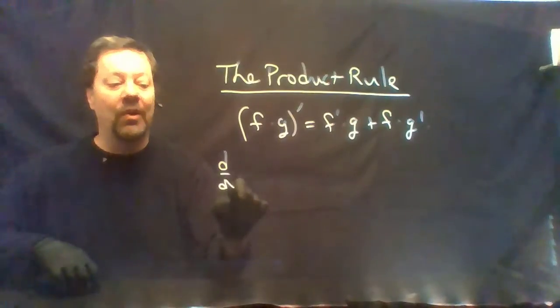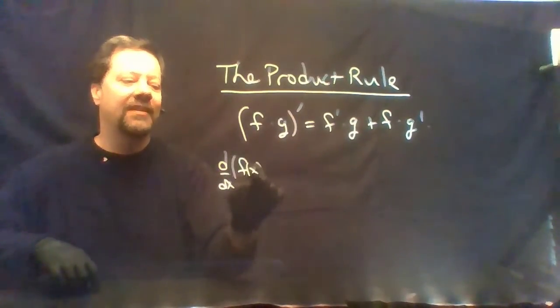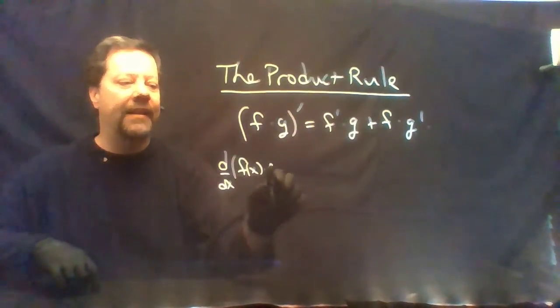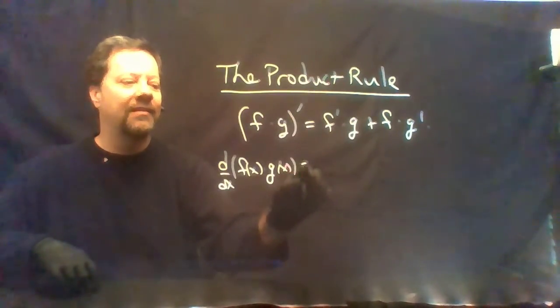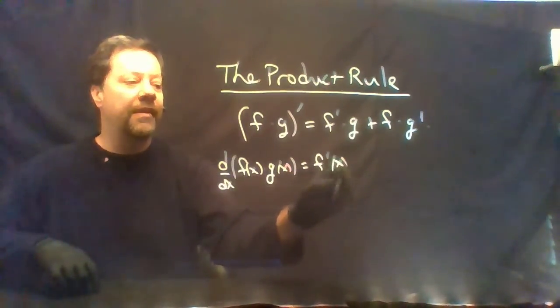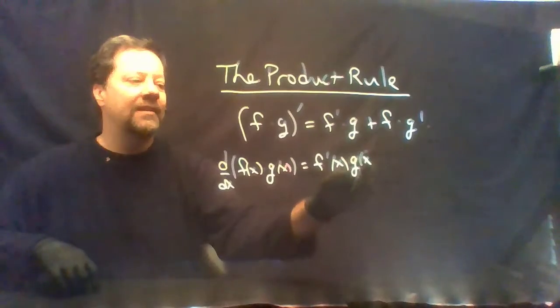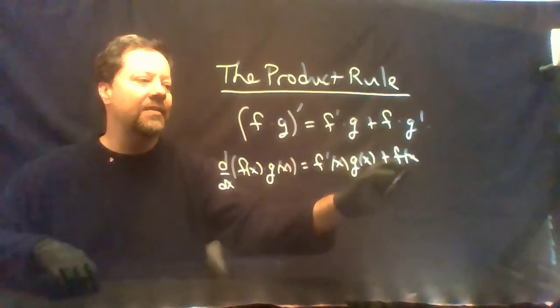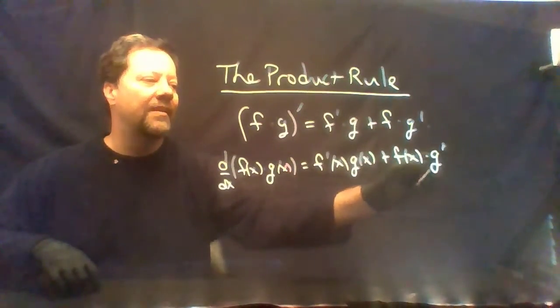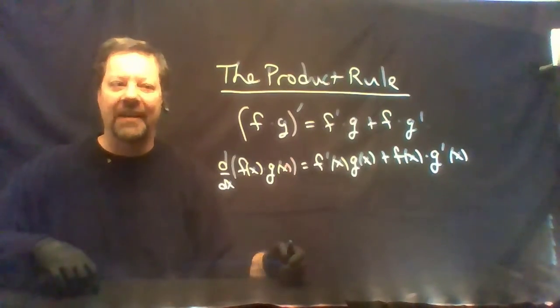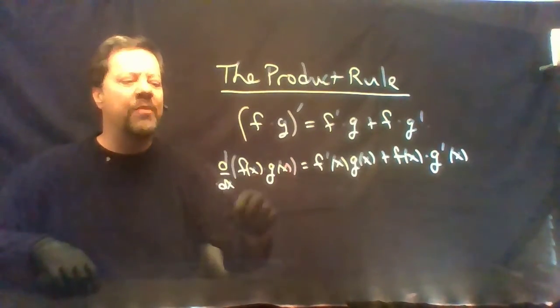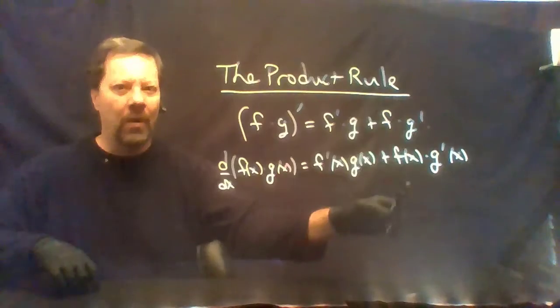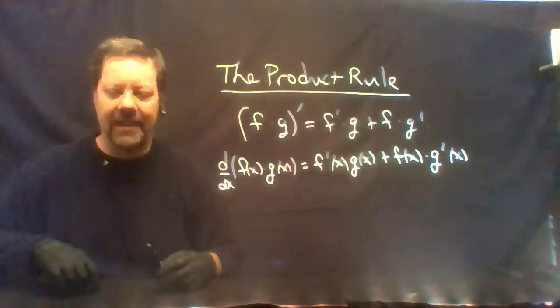In a slightly more long-handed version, the derivative of f of x times g of x is the derivative of the first factor times the second factor plus the first factor times the derivative of the second factor. And I want you to remember this in this order. There's a reason for that.